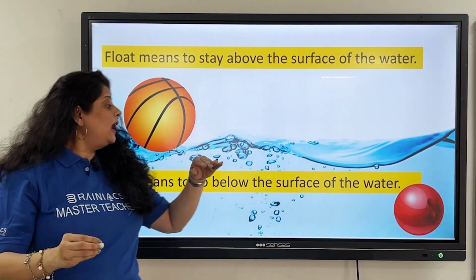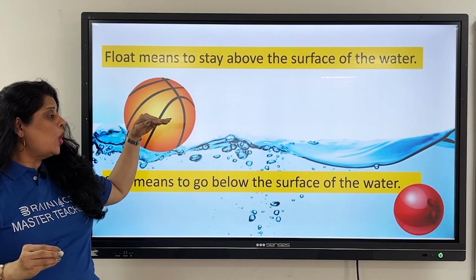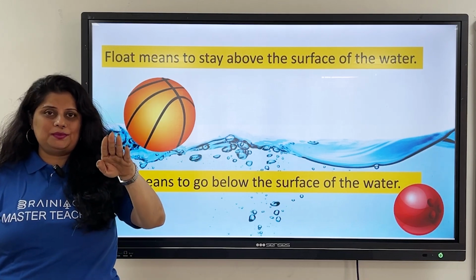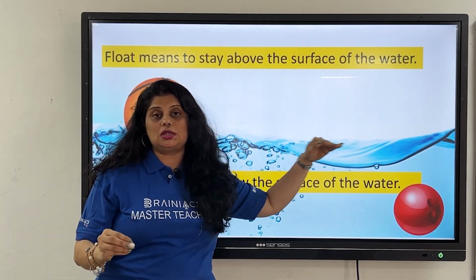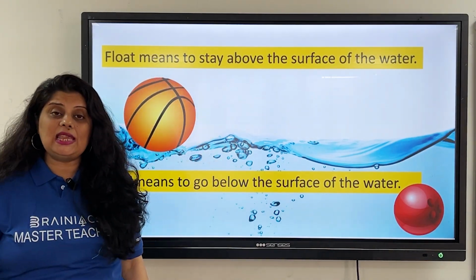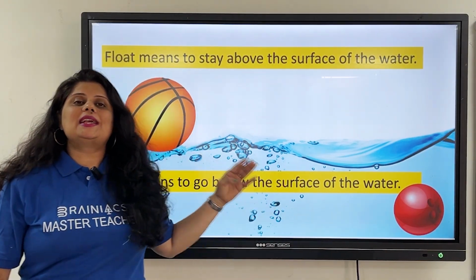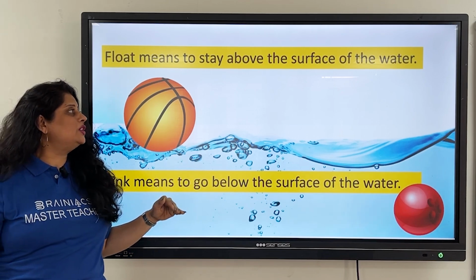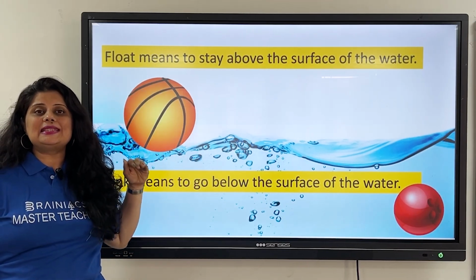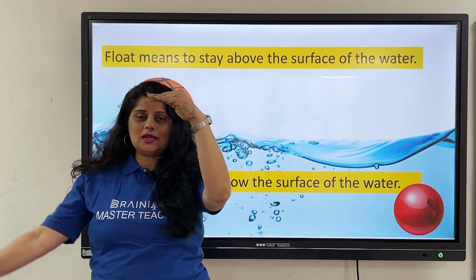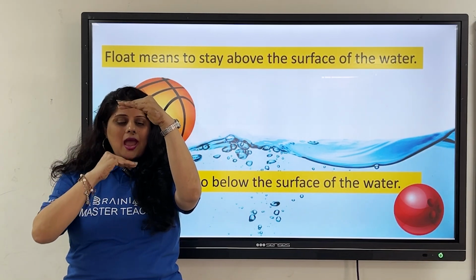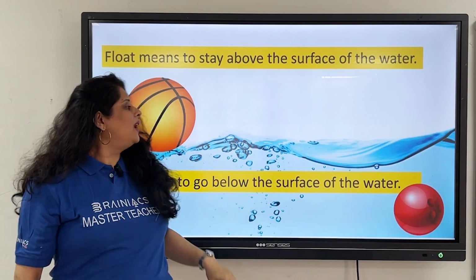That means it went to the bottom of the water, below the surface, where I could not see it, right? So these are the two terms that we are going to learn today, float and sink. Float means on the top of the water, sink means at the bottom of the water.